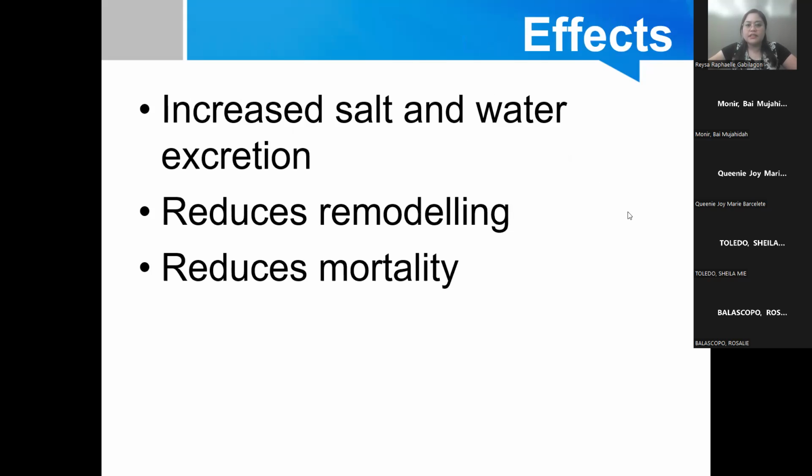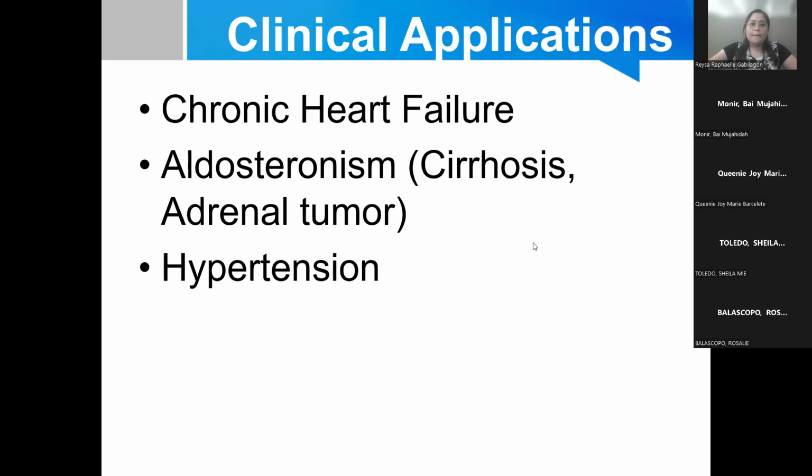So the same effects, excretion of water and salt, and thus it will reduce remodeling of the heart kasi mag-decrease din yung blood volume, hindi mahihirapan in terms of pumping of the blood or blood flow, thus reducing mortality. So we use them for hypertension, for chronic heart failure, and let's add the aldosteronism since they are considered aldosterone antagonists.